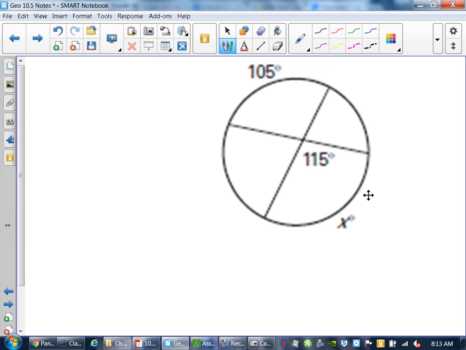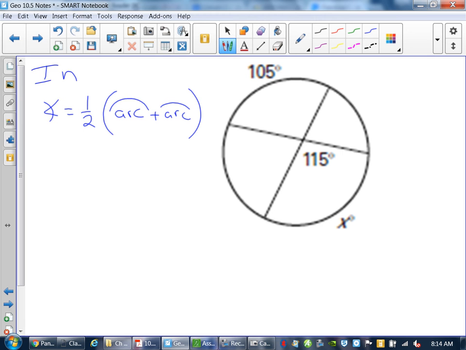So in this one here, we have 2 segments. Are they outside, inside, or on? They're inside. So after you draw it out, what you always want to do is write down the formula for inside. Since this is an inside setup, we know the angle equals half the sum of the arcs, arc plus arc.